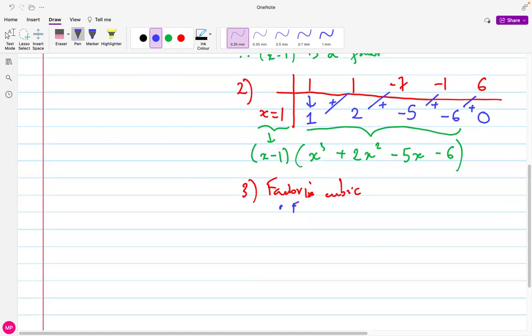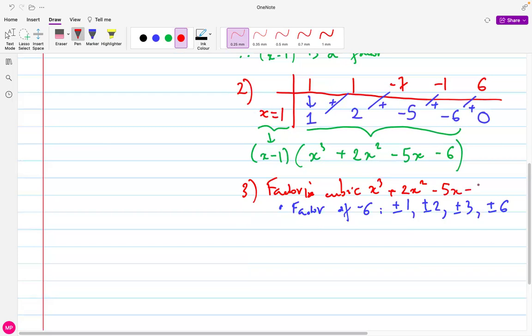To factorize the cubic, I'm going to find the factors of negative 6, which are plus minus 1, plus minus 2, plus minus 3, and plus minus 6. Let me just write the cubic equation here: x cubed plus 2x squared minus 5x minus 6.